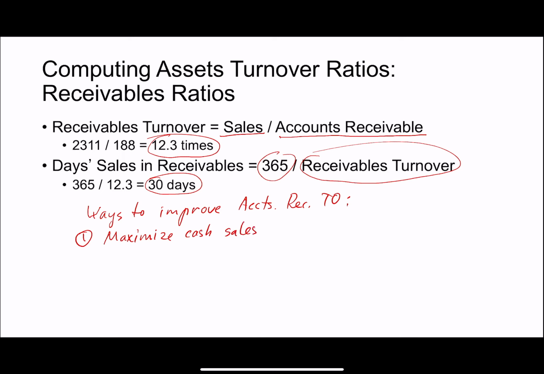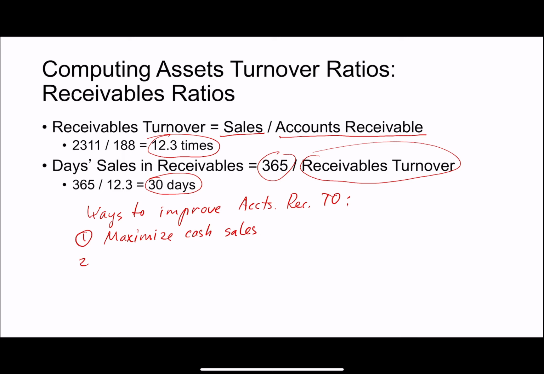Sometimes it's not easy to do. Sometimes the only way for you to actually increase your sales is to increase credit sales. But remember, we are not talking about changing anything else. We're just saying, given your sales, is there anything you can do to increase your accounts receivable turnover? And one step to do is just to increase cash sales compared to credit sales. Sometimes it's impossible to do, but if it is possible, it's absolutely something that you want to do.